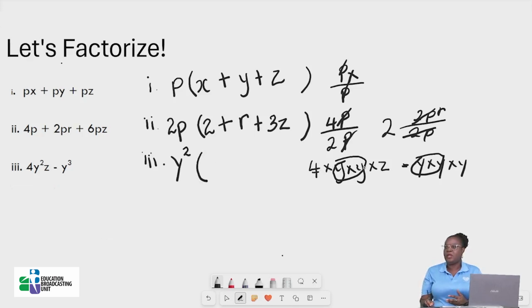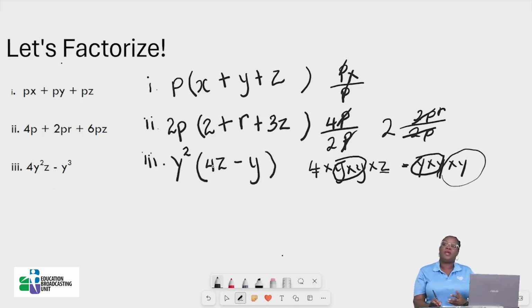We have a 4 and a z. So 4z goes into the bracket, subtracted by y, because we only have one y remaining. When we multiply what's in the bracket by what's outside the bracket, we will get 4y squared z subtract y to the third power, y cubed.